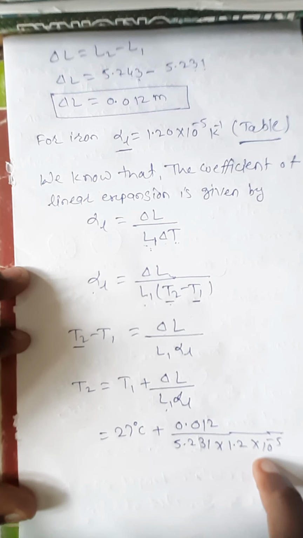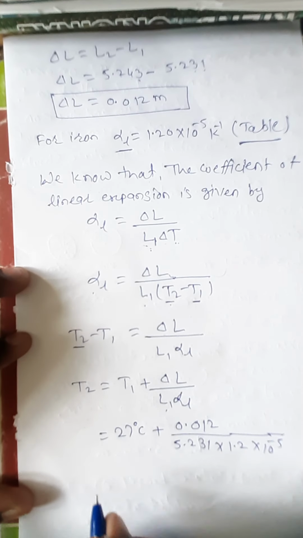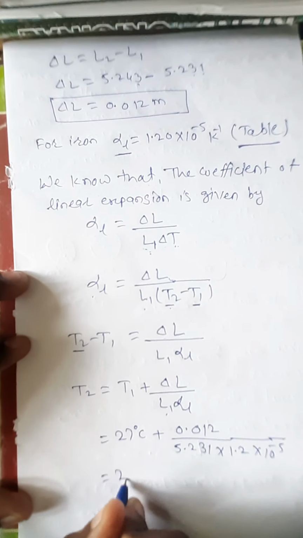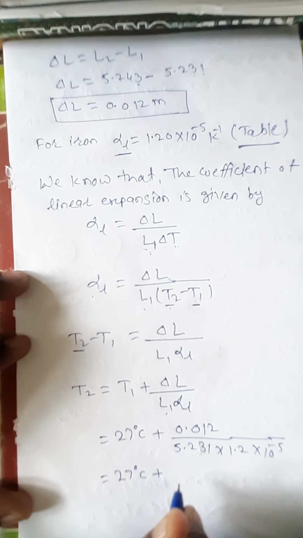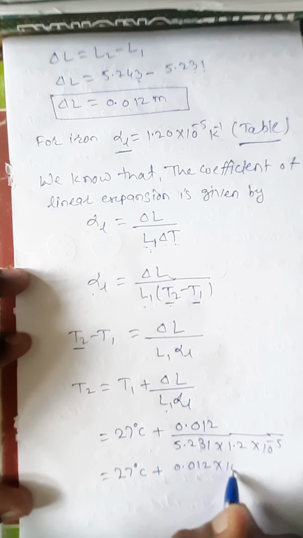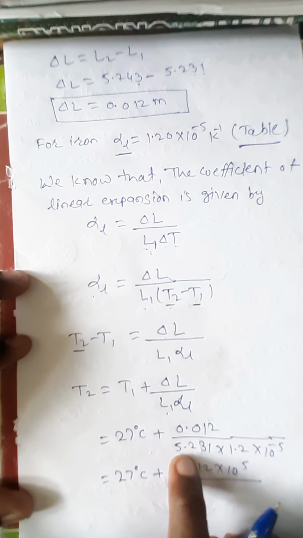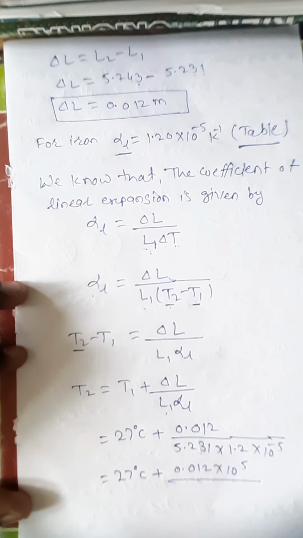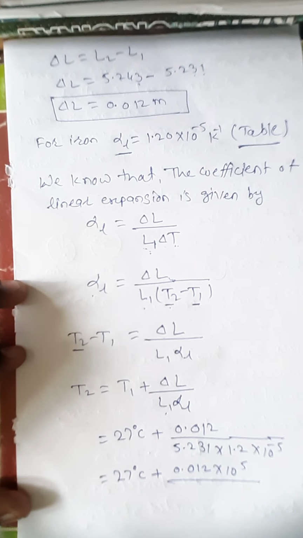When the 10 to the power of minus 5 goes to the numerator, it becomes 10 to the power of plus 5. Therefore 27 degrees Celsius plus 0.012 into 10 to the power of 5 divided by 5.231 into 1.2.